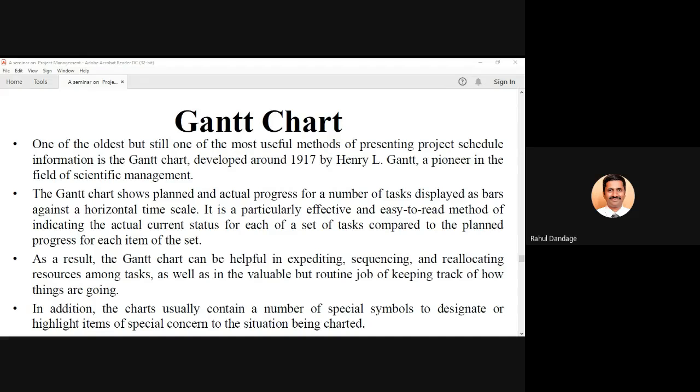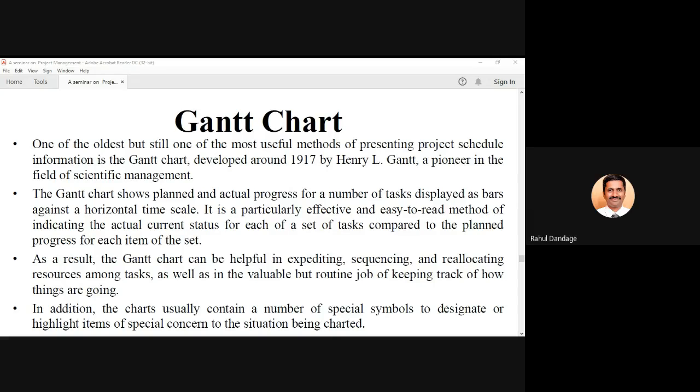All that we will be able to visualize, because the Gantt chart gives us a clear-cut, very specific idea of how things are progressing.